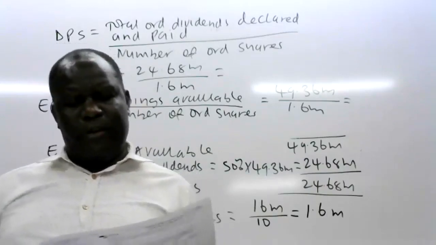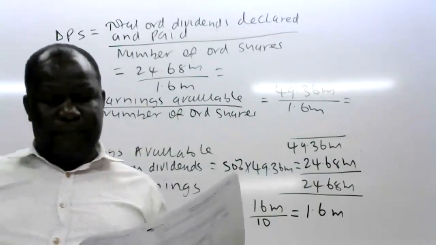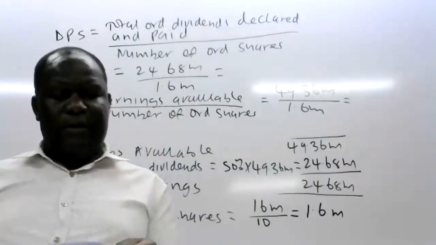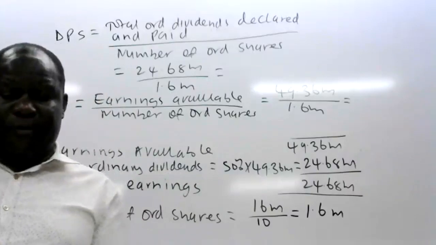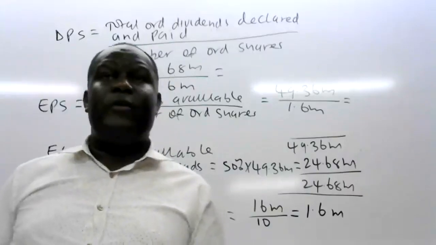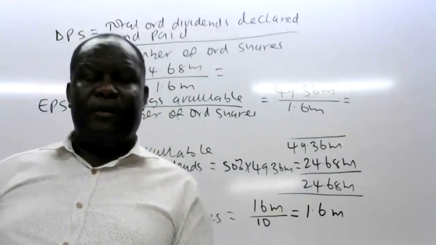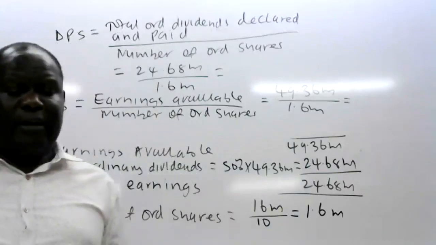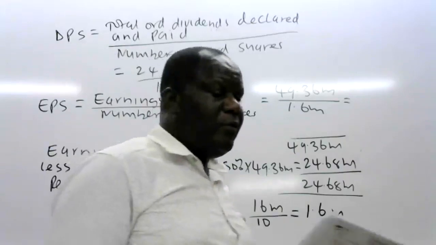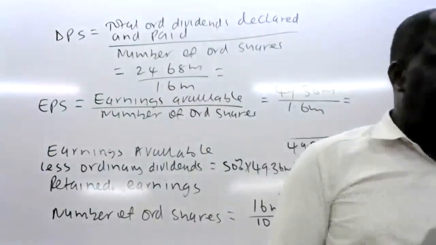So are you able to see question number 3, part A, where they say that the following information relates to Mongwe Limited for the year ended 31st October 2015.